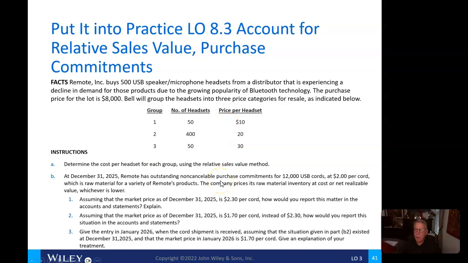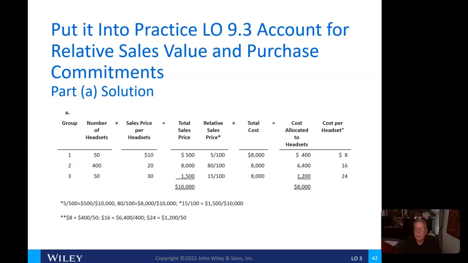Now we want to determine the cost per headset. We'll do Alpha first and then come back to Bravo here in a second. So we're looking for the cost per headset. And here, the number of headsets, the selling price. Here's the total selling price. We'll do the relative sales price here.